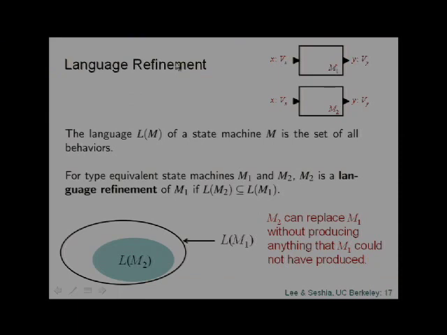Because you have an infinitely long sequence, and every element of the sequence is some combination of input-output values, right? And so you can generate infinitely many of these infinitely long sequences. So the language of a state machine is an infinite set. So what we're saying here is that M2 is a refinement of M1 if the infinite set corresponding to the language of M2 is a subset of the infinite set corresponding to the language of M1. Okay?